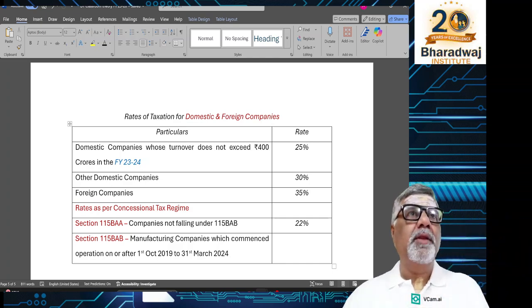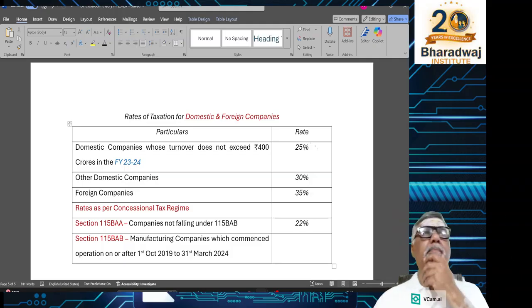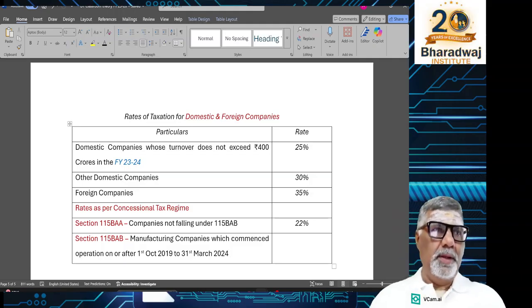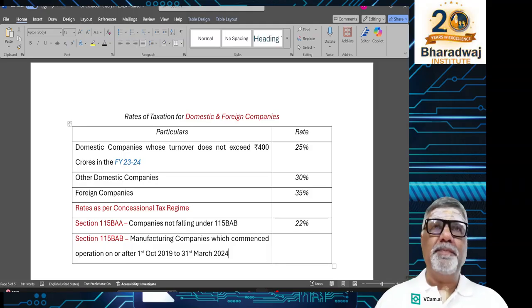Manufacturing company. So, your immediately preceding year, which you will very much remember because for that only you are doing the audits now, etc.